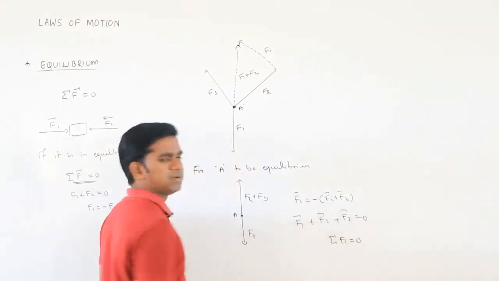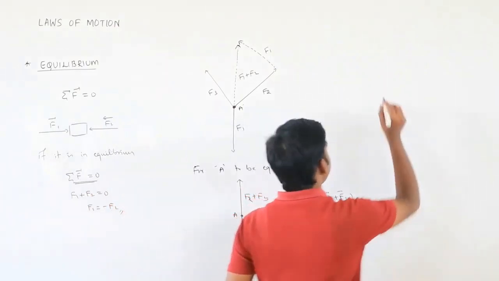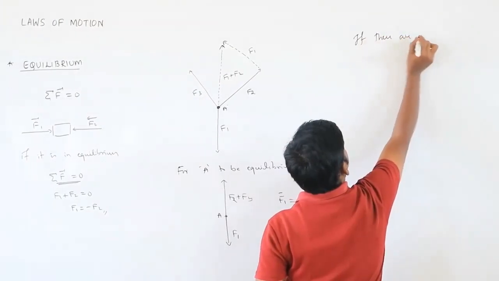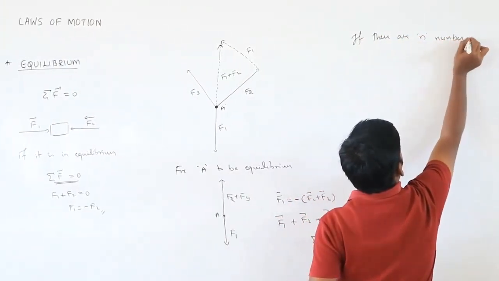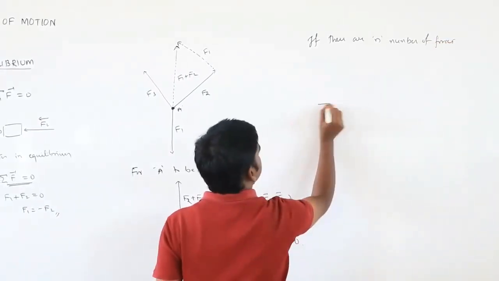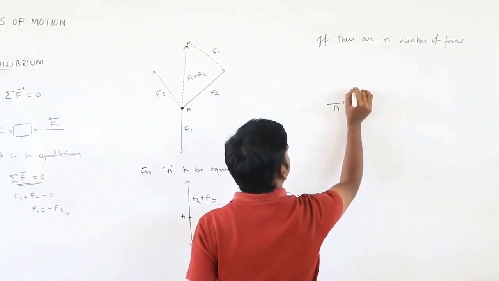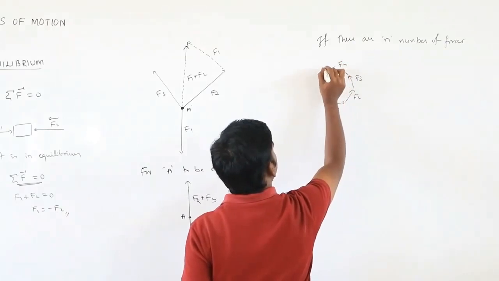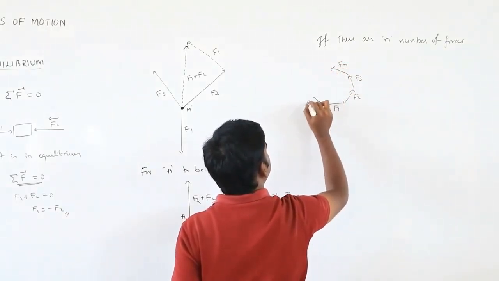So what we got as the condition is summation of Fi equals 0. Similarly, suppose there are n number of forces. Suppose the forces are like this: this is F1, this is F2, here somewhere F3, here somewhere F4, and so on, somewhere it comes to Fn.